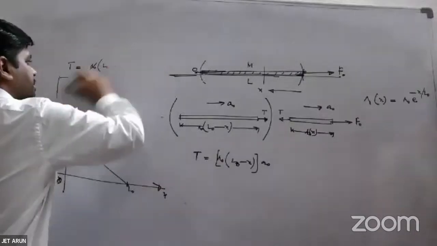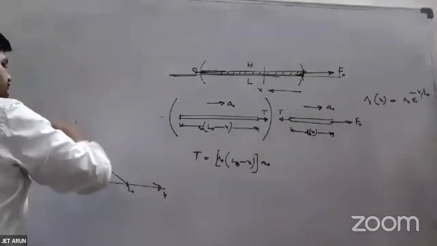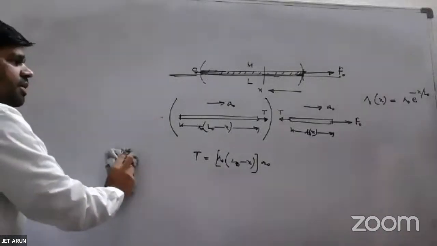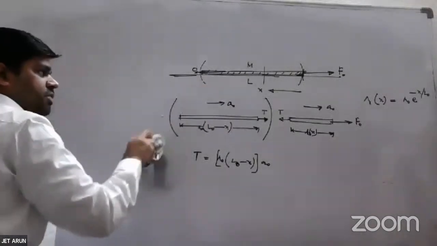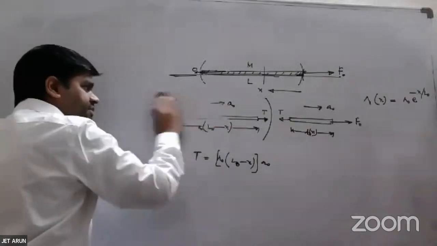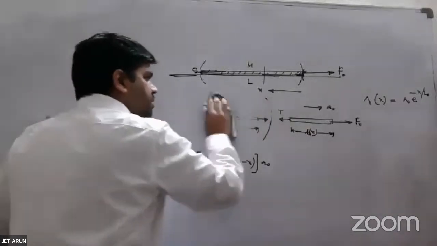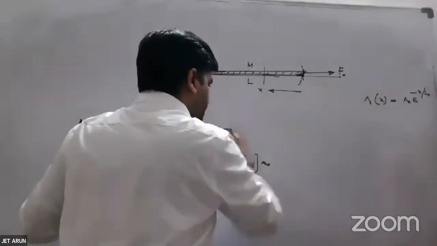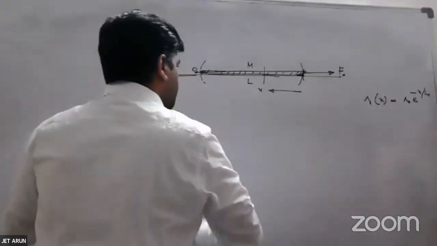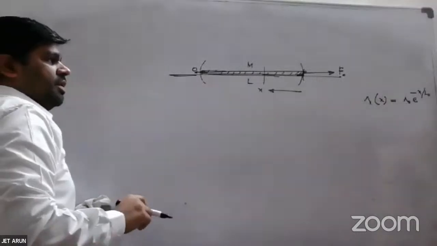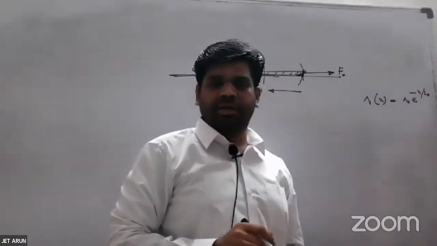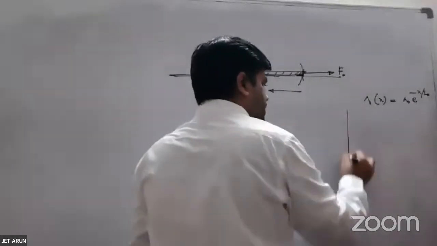Question is again the same. Find the acceleration first, and then find the tension at a distance x from the end where the force is applied. So let's find the acceleration first. Is the question clear, students? Lambda is varying as lambda naught into e power minus x by L. So lambda is varying like this.